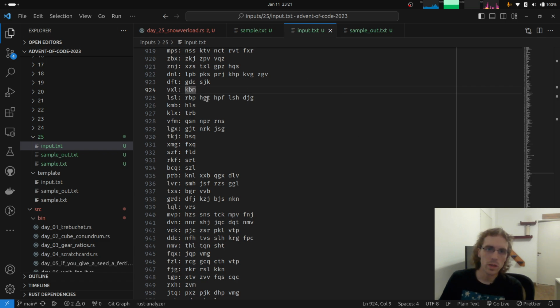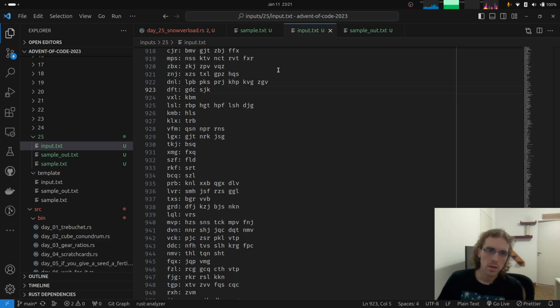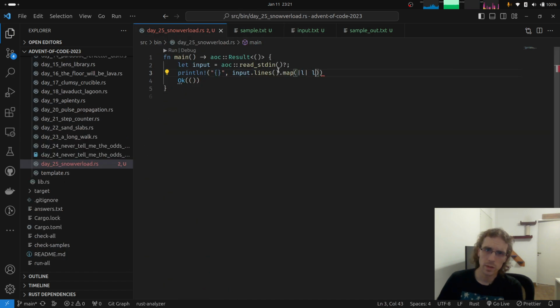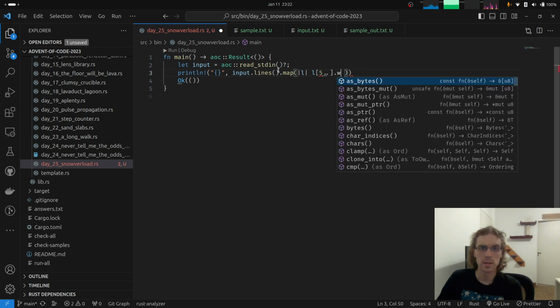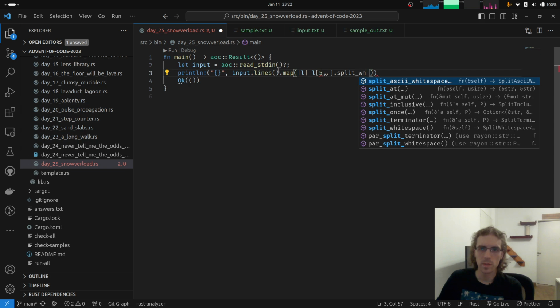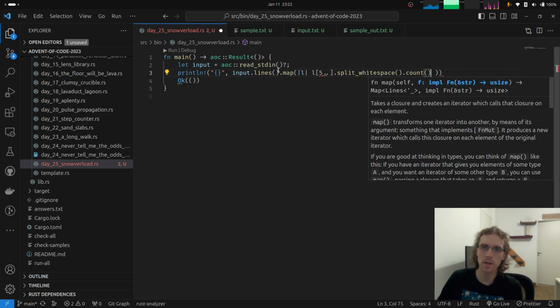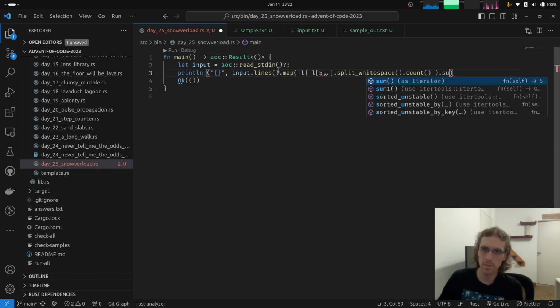So yeah, we can just grab from index, this is 4th, 5th, so from 5 on, you can say something like, give me a splice from index 5 onwards, then split on white space and just count how many words there are after here, and then we just sum all of this up.